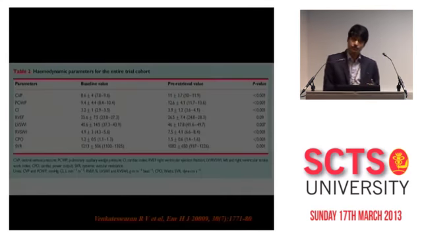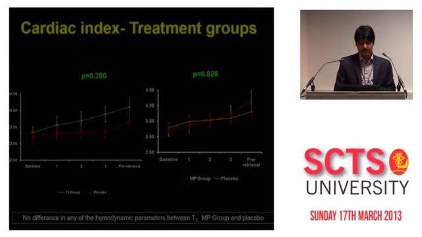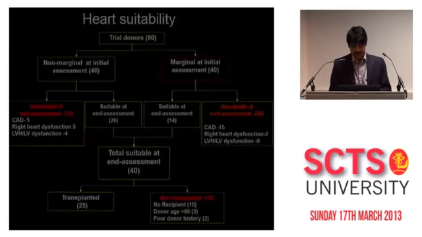Not just cardiac index, all hemodynamic parameters could be significantly improved from baseline to prior to retrieval. And whether you administer tri-iodothyronine or steroids, this improvement in cardiac index persists throughout the duration of donor management.